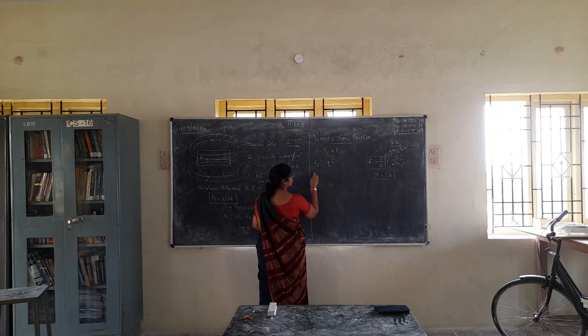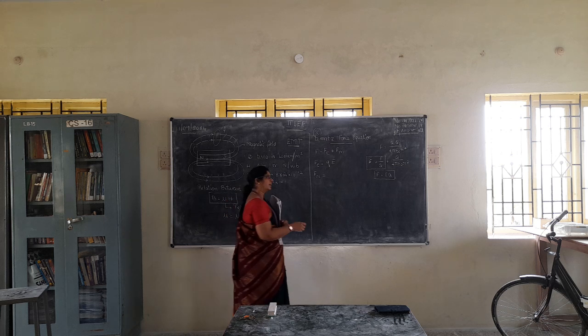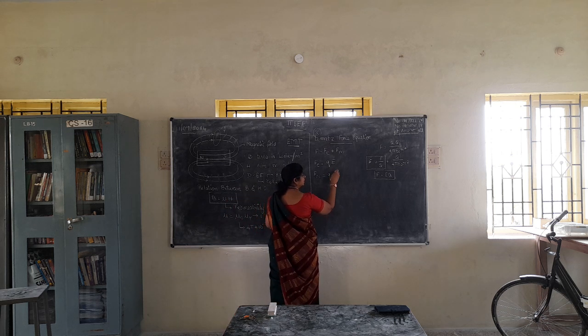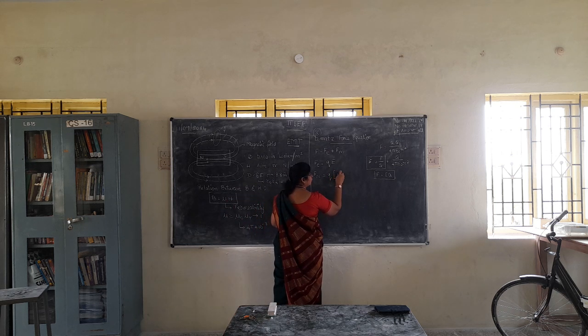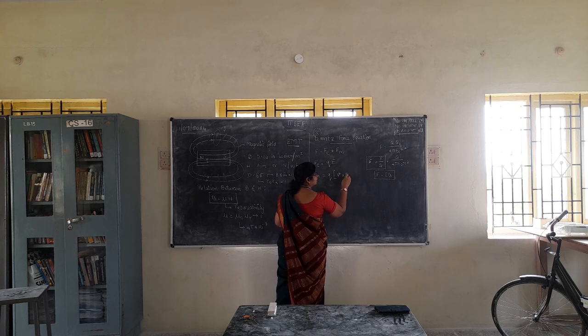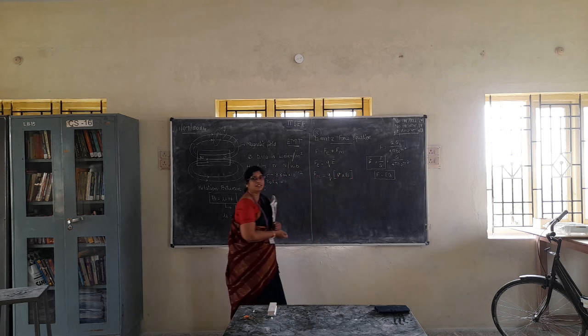Similarly, here also we have to write for magnetic field. For magnetic field, again you will be having a charge into velocity cross magnetic flux density.